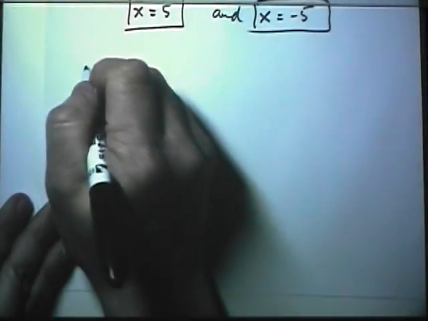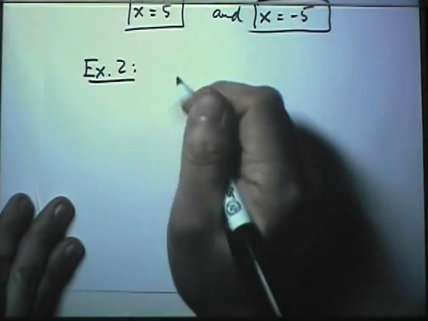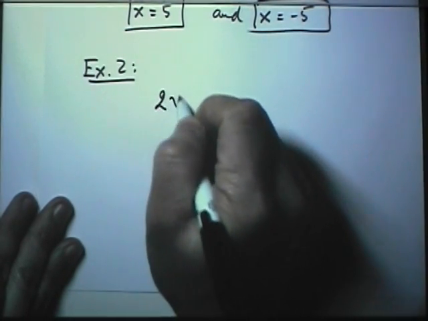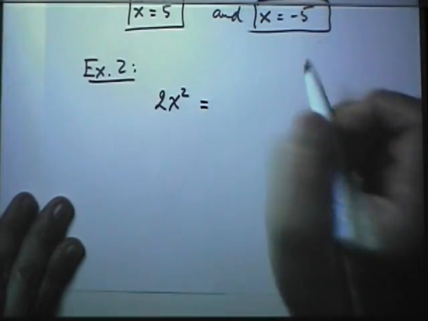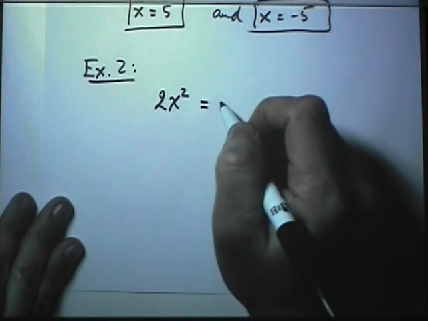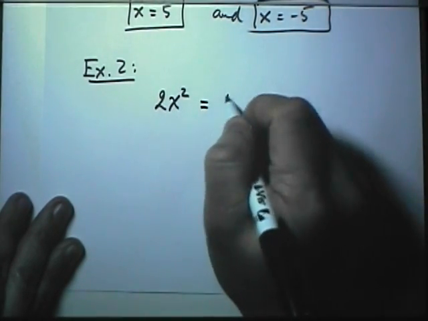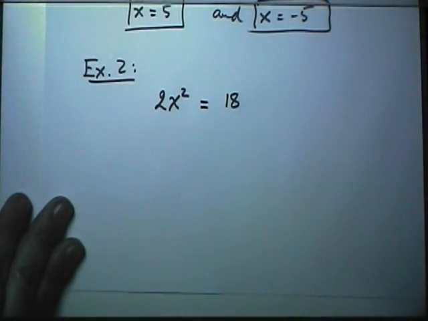Now we can look at another example. In example number 2, things get a little more complicated. How about we have 2x squared equals 18?